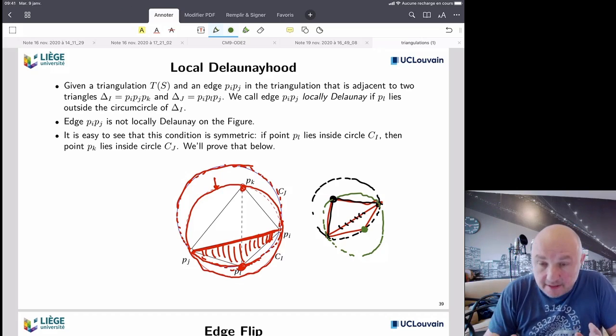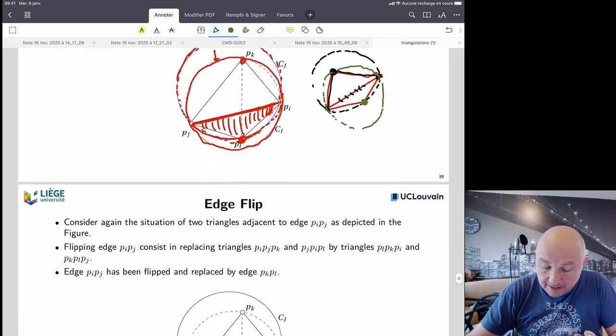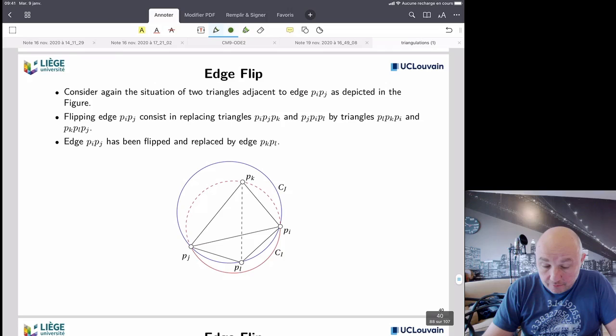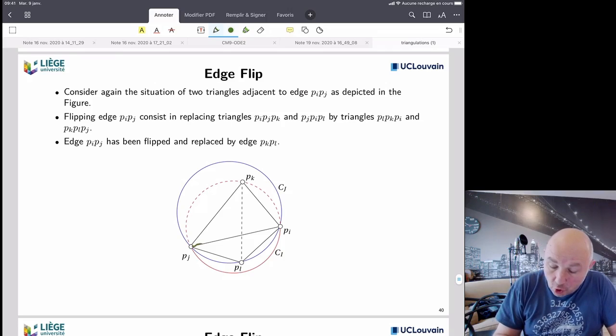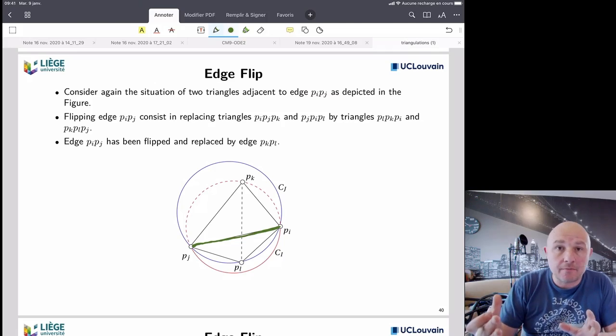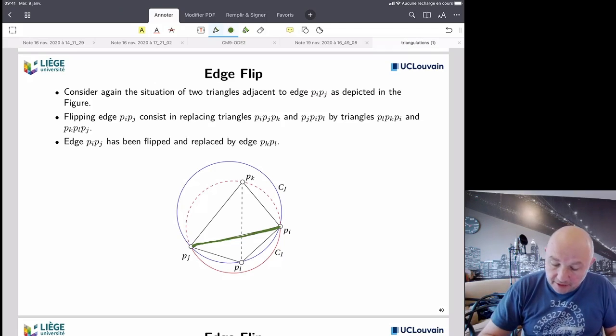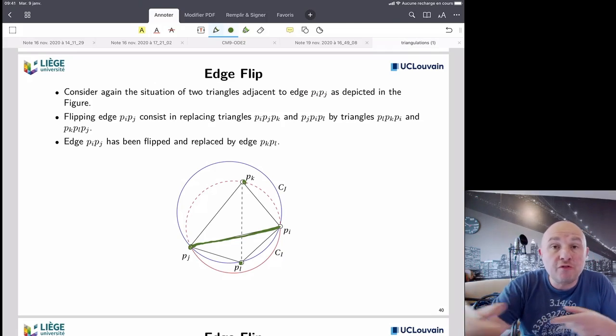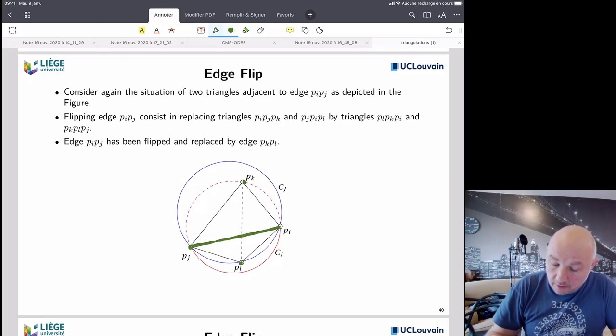What is really interesting is that if you have an edge that is not locally Delaunay, an edge that is shared by two triangles, then these two triangles form a quadrilateral. Imagine a quadrilateral with PJ, PK, PI, PL. This quadrilateral has two diagonals, that one and the one in dashed line.